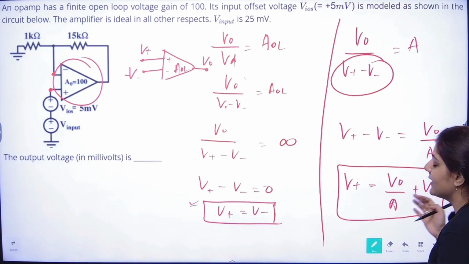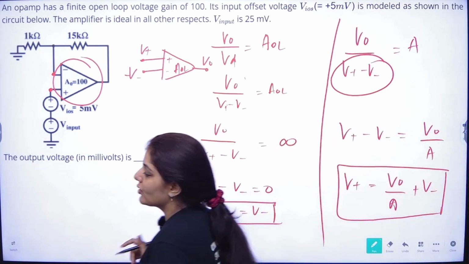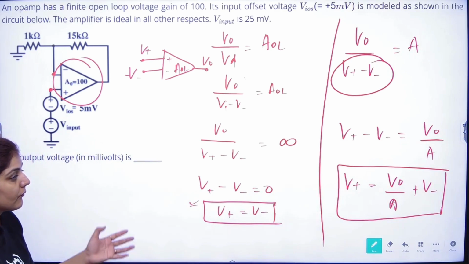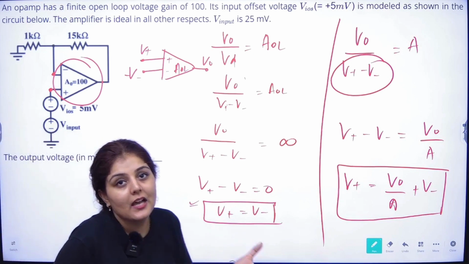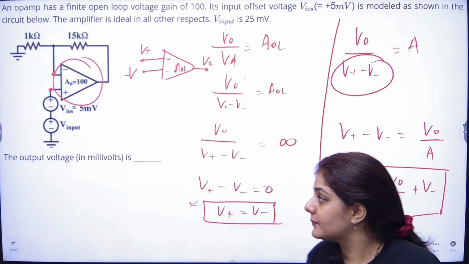So they will have some voltage difference like that, given by V naught by A. For this concept, our formulas for the non-inverting or inverting amplifier do change.